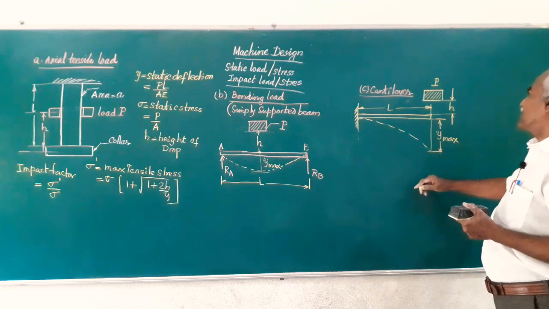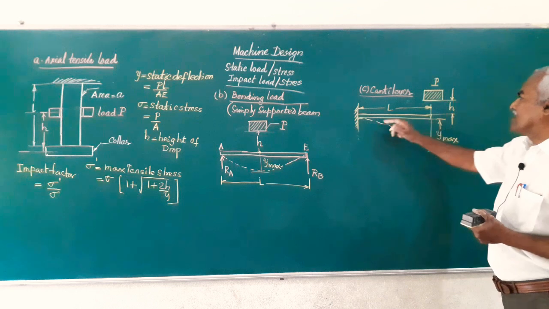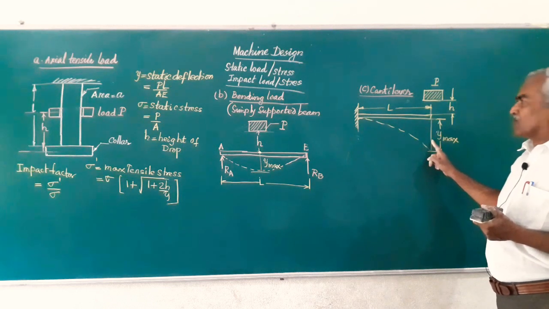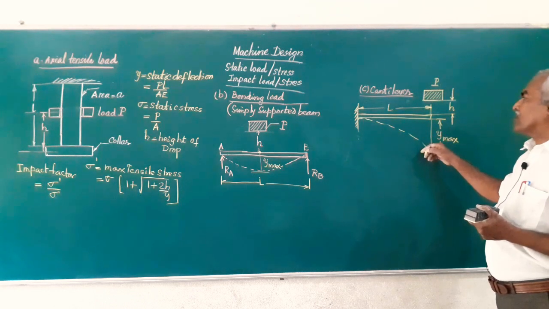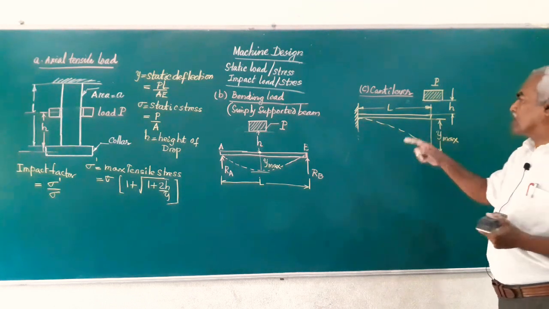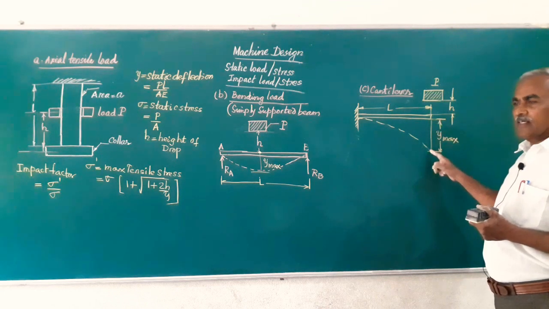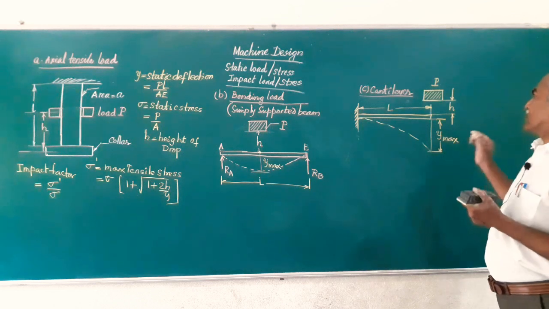And friends, what happens if it is a static load? You place this load here. This undergoes a smaller deflection which we call Y. And if it is the case of an impact load, it causes a higher value of deflection at the free end compared to that of the static load, which is known to every one of us.